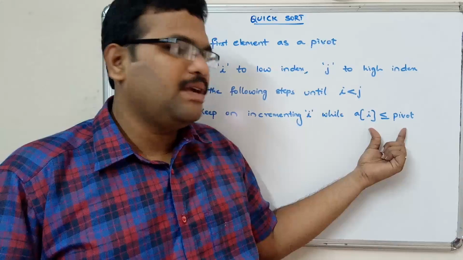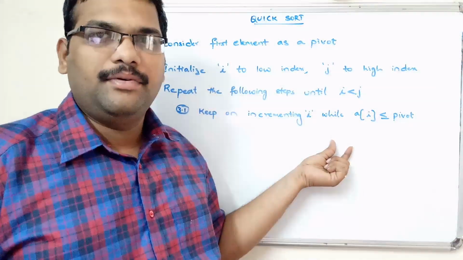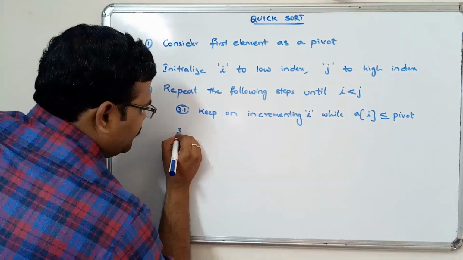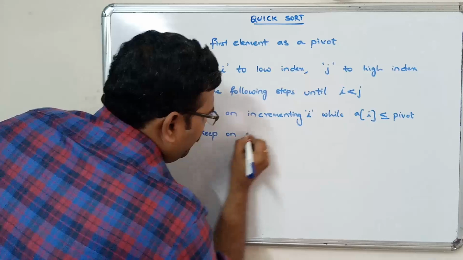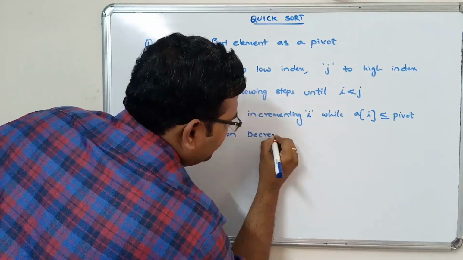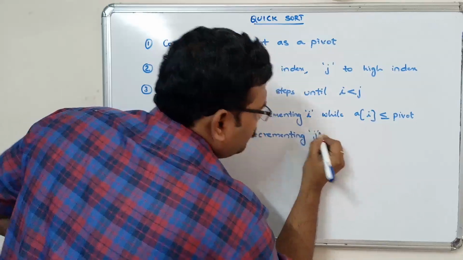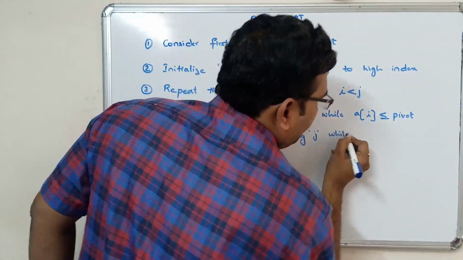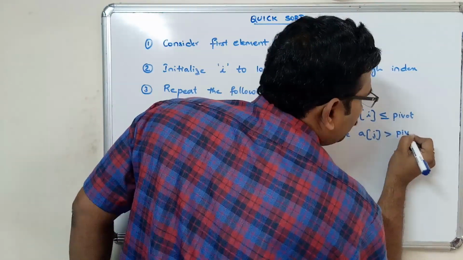Unless this condition becomes false, we keep on incrementing the i value. Similarly, keep on decrementing j while A[j] is greater than the pivot.